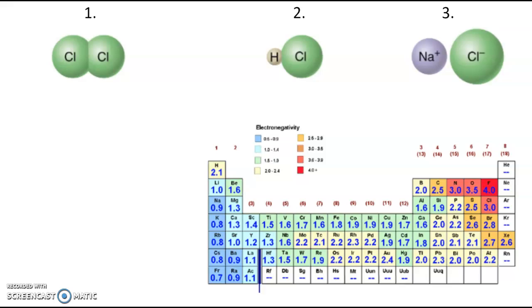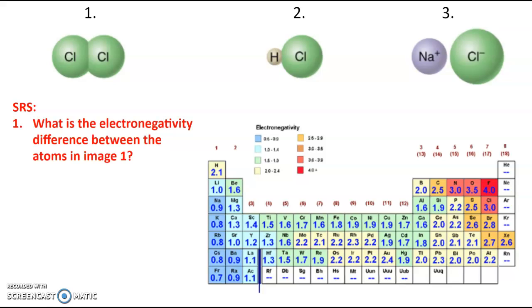Okay, so let's take a look at these now in terms of their electronegativities. In your student response sheet, figure out the difference between the electronegativities in image 1. So you're going to take the electronegativity of chlorine and subtract the electronegativity of chlorine. That would be hard math.